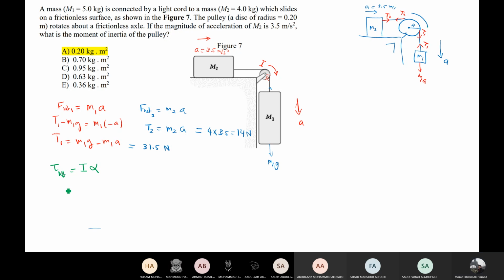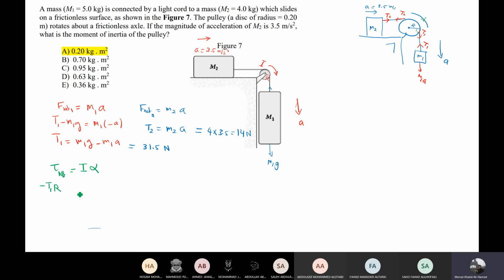So for the first rod, T1, since it is clockwise, it is minus T1R. Right? Notice this points downward. Tension: if you pull in this direction, it will rotate clockwise. T2 is positive, and theta here is equal to 90.